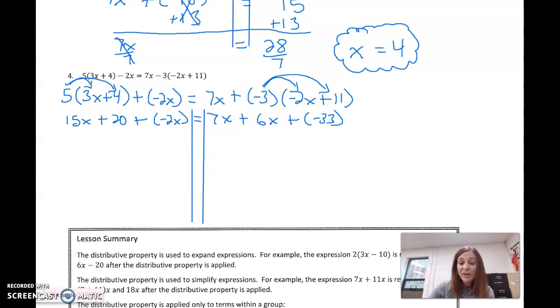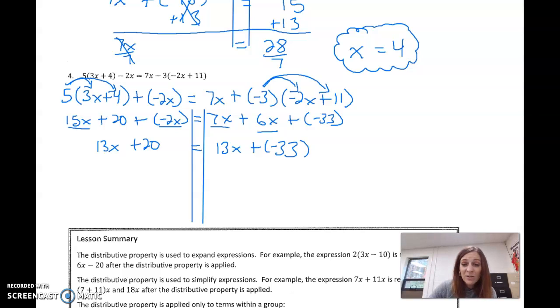All right, simplify both sides. If I have 15 x's and negative 2 x's, that's 13 x's. And then I have my plus 20 here. And that has to equal, over here on this side to simplify, if I have 7 x's and 6 x's, that's 13 x's plus a negative 33.